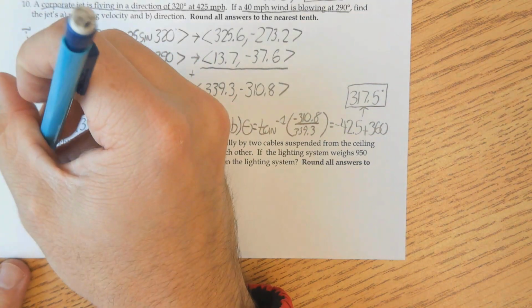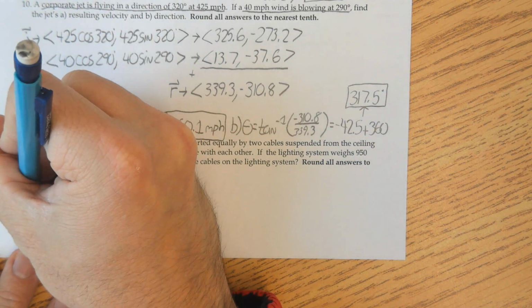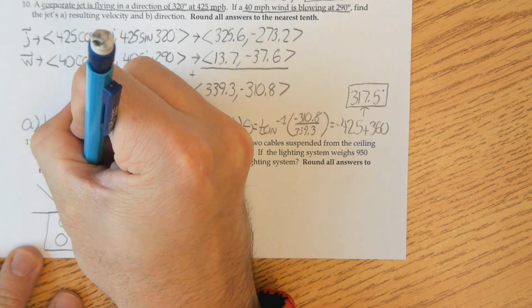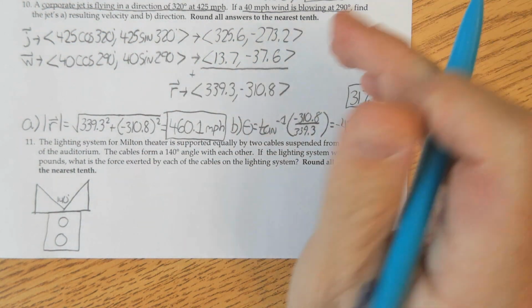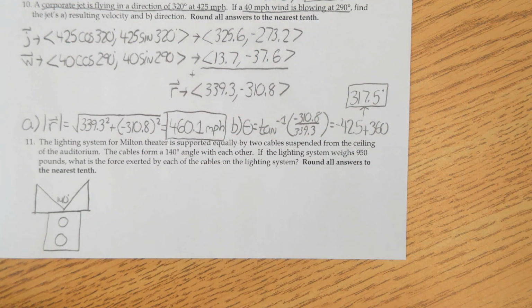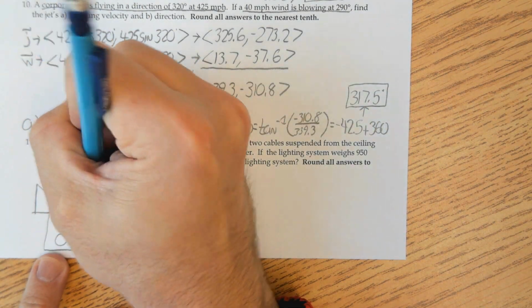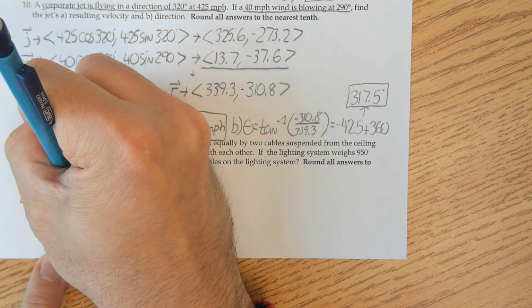So it says between the two, it is 140 degrees, okay? Now, because of equilibrium, guys, we know then that the weight being forced on both sides here is going to be half of what the total weight of the system is. So you do 950 divided by 2, and you get 475. Again, guys, you're always forming right angles with these, okay?